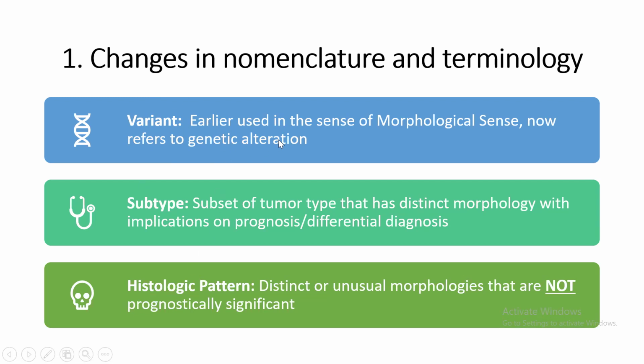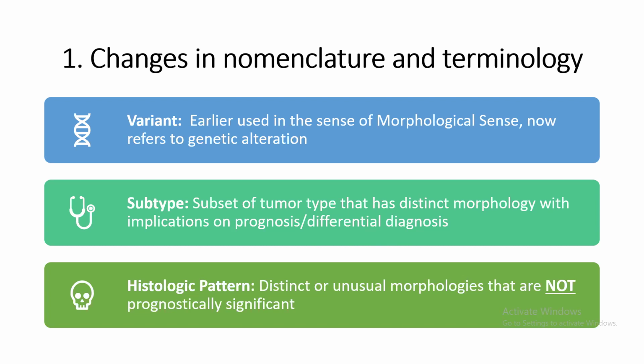Variant is a genetic aberration, which was earlier used in the morphological sense, but as pathologists we have to exercise caution that we should not use the term variant in the context of morphology. Then subtype has a prognostic significance or an implication with differential diagnosis. And the histological pattern is a distinct pattern, but it will not have any prognostic implication.